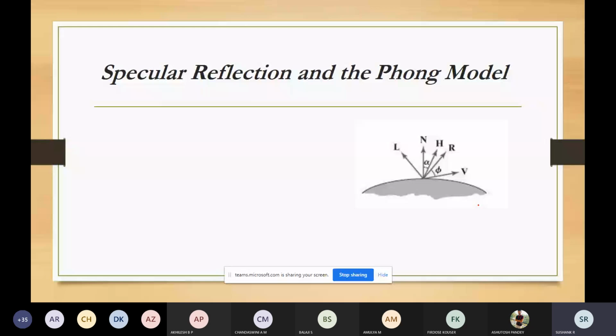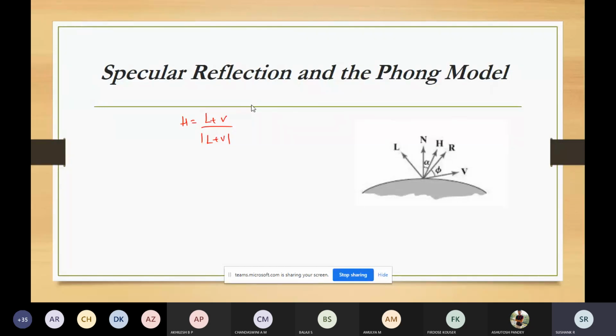Using the same formula, you can calculate the values with respect to h, where the final formula will be h is equal to L plus V divided by the modulus of L plus V. Like this, you can calculate the values for this specular reflection.